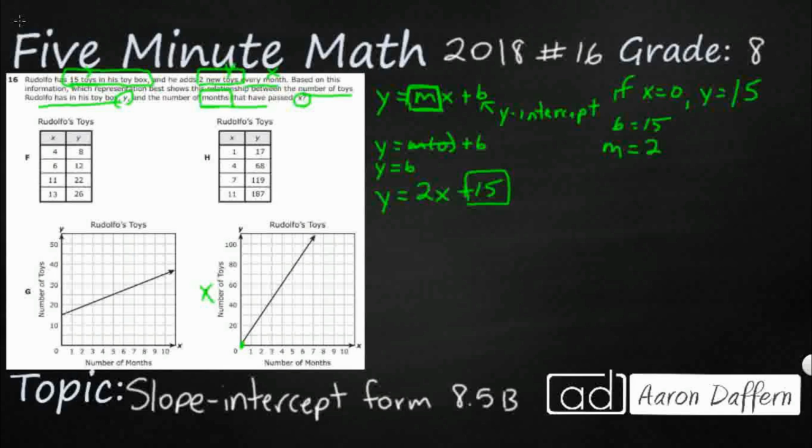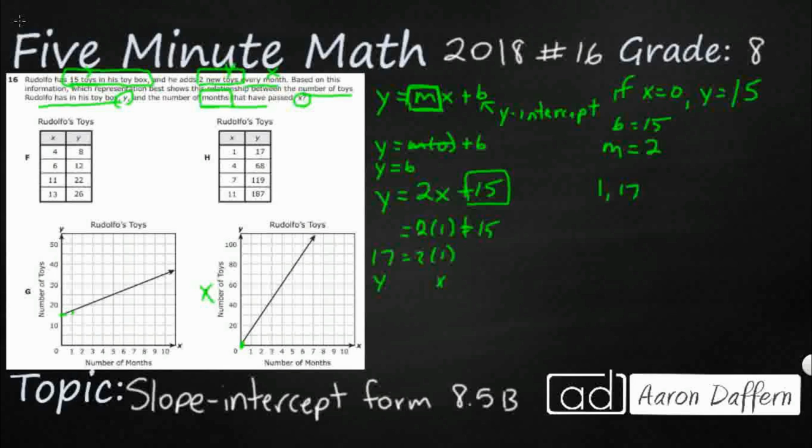That looks like it's starting at 15 on G. So if x is 1, let's see what y is going to be. 2 times 1 plus 15, so y is going to be 17. So 17 is my y if x is 1, and we can plot that as 1, 17.